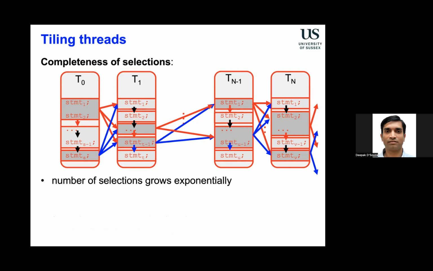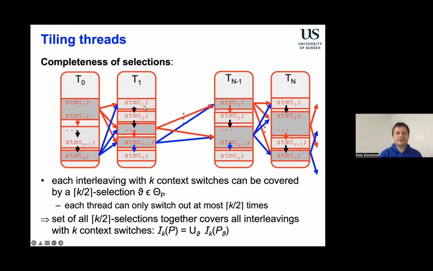I have another naive question. How do we know that when you jump from one tile to another tile, that is a feasible execution? Because the execution of the other thread may not reach there, right? No, you're not jumping from one tile to another. The tiles only tell you that you can only have a context switch out of a selected tile. But you can still jump to a statement that is outside a tile in another thread. I guess the question was, is it a feasible jump?